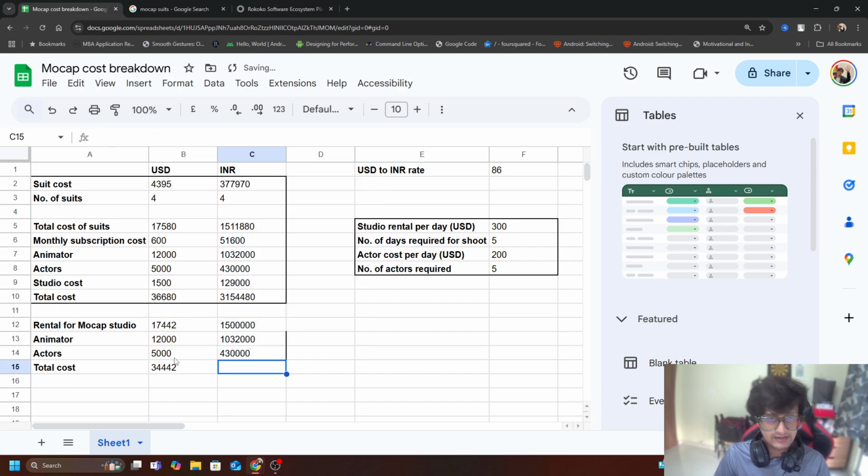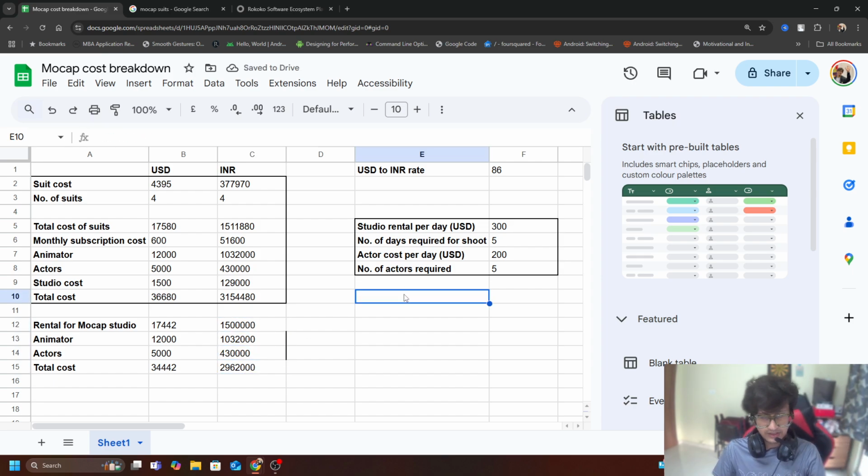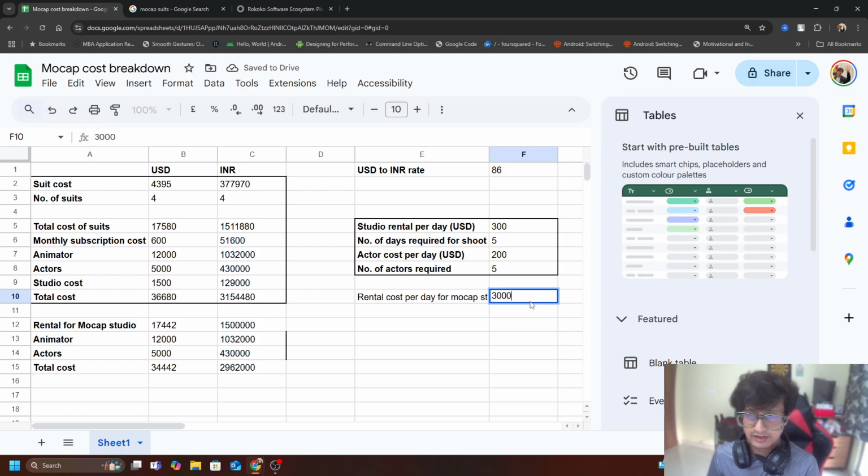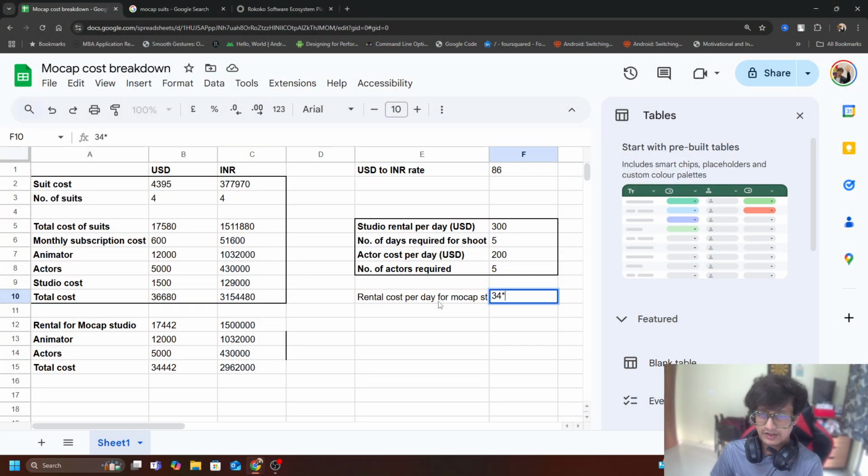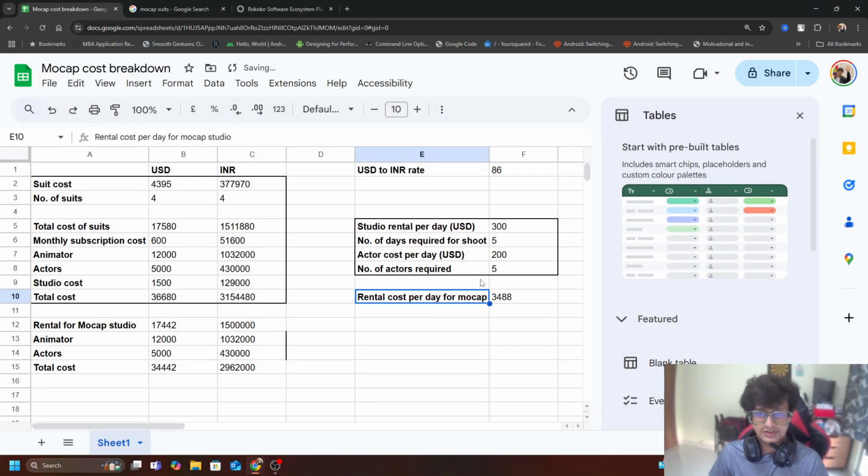And that then translates to this, right? So again, I'll just write this down: rental cost per day for mocap studio. Okay, and I'm going to put a value of 3 lakh over here, which is about 3488 US dollars.